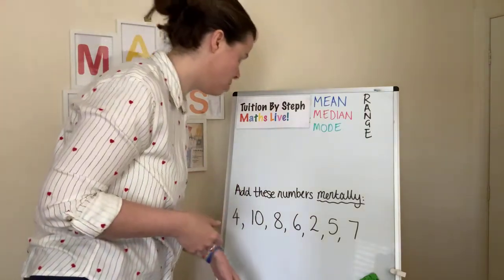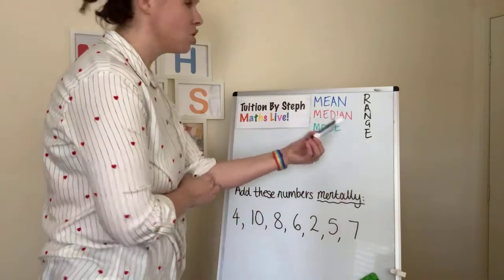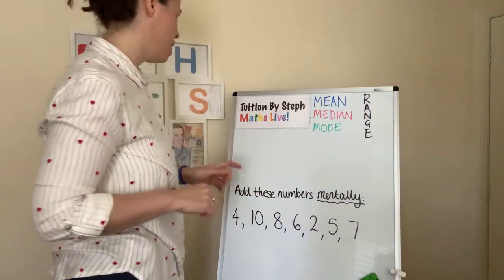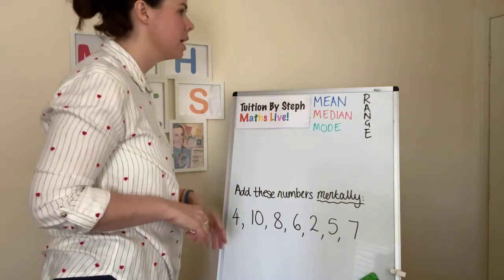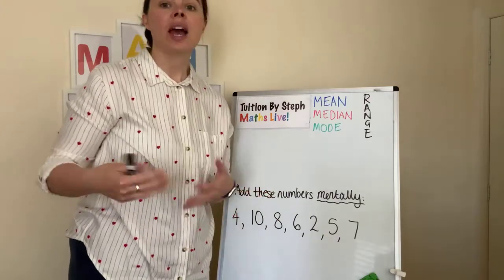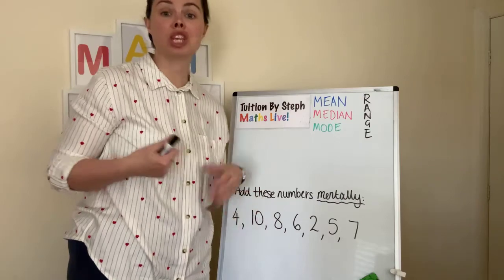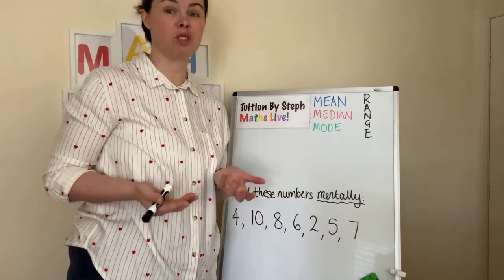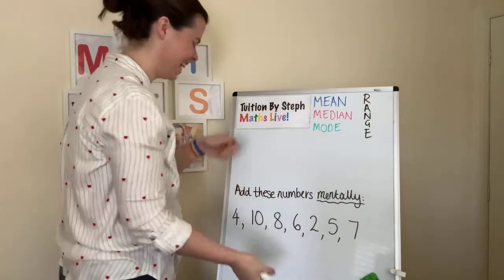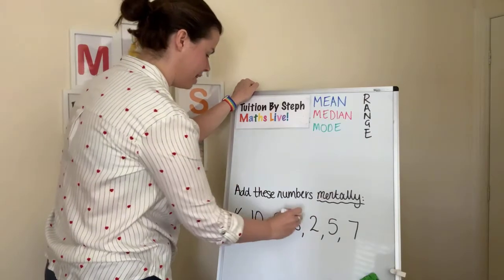So it says add these numbers mentally, which means in your head. Now there's a trick to this. If you ever get a question like this, you could do 4 plus 10 and then add the 8 and then add the 6 and then add the 2, and so forth. Or you can try to spot any patterns or number bonds that might help you do it quicker. So for example, I've got 6 and 4, that makes 10.